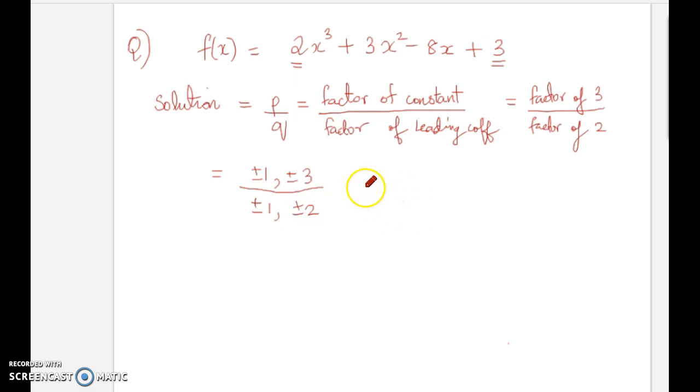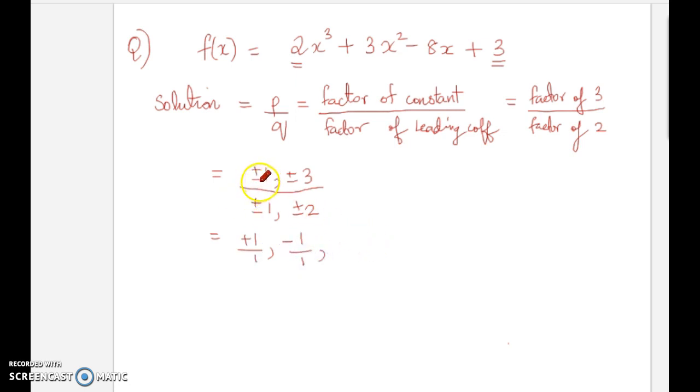Now we have to come up with all the different combinations of these fractions. So if I'm going to start with positive 1, I could have positive 1 over 1, I could have negative 1 over 1.